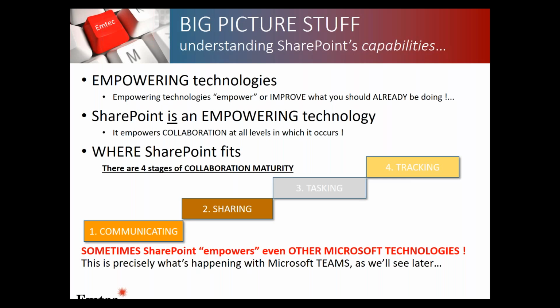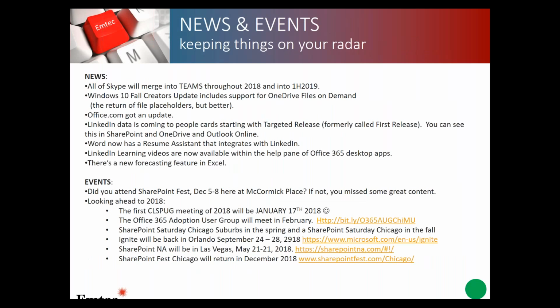It empowers that. 2, sharing. 3, tasking. And 4, tracking. Sometimes SharePoint even empowers other Microsoft technologies, and that's very apropos and relevant today because we'll find out that under the hood of Microsoft Teams, Microsoft's hot new technology that's going crazy in the year 2018, is in fact, yes, you guessed it, SharePoint.